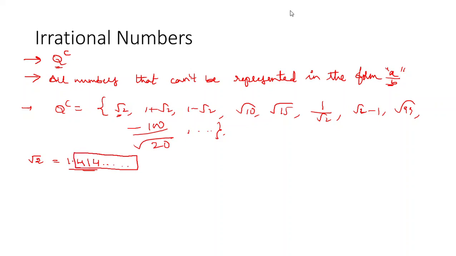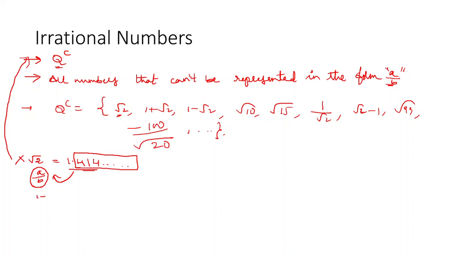It keeps on increasing infinitely, and we don't know where it ends. So root 2 cannot be represented in fraction form, and so root 2 is not a rational number; it is an irrational number.